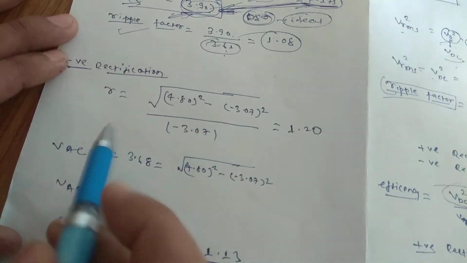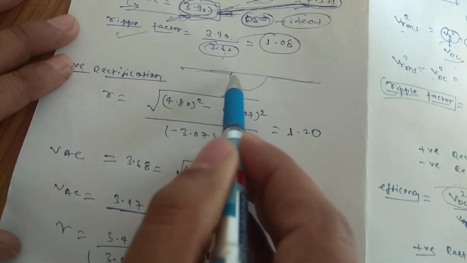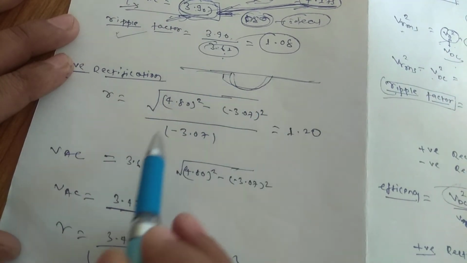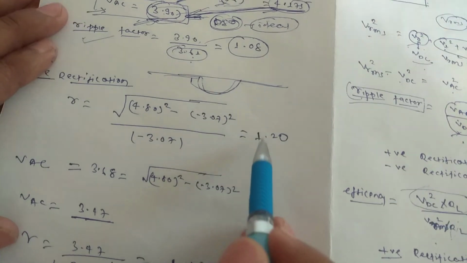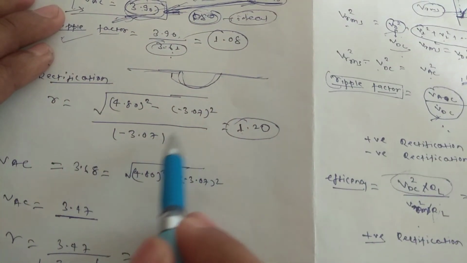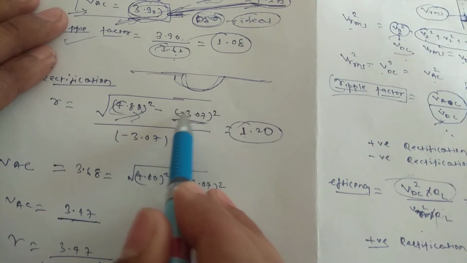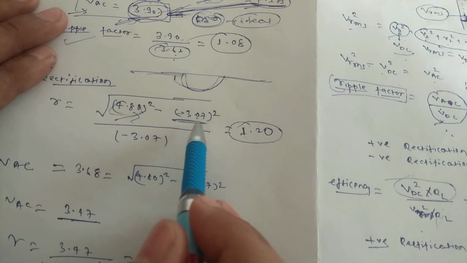Now if you go with the negative rectification that we have done, the calculated value is 1.20. The ripple that we got from the normal formula uses VRMS and the minus 3.07 that we have taken as the VDC.